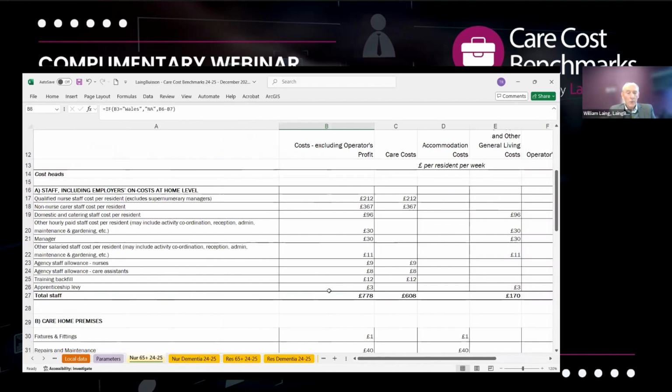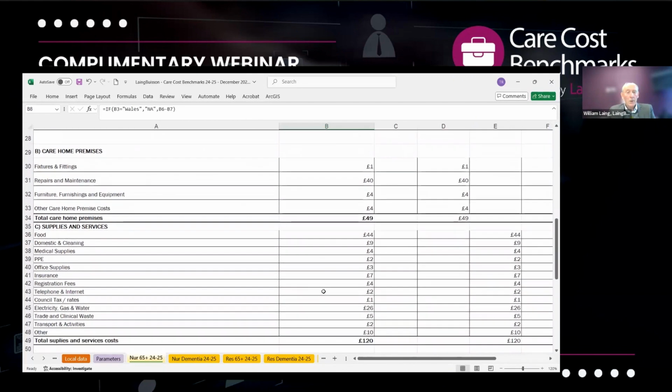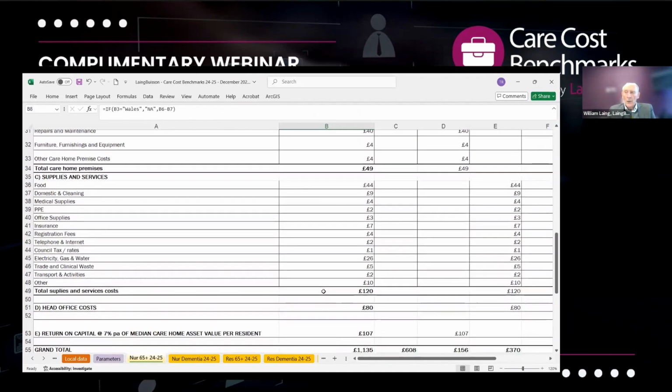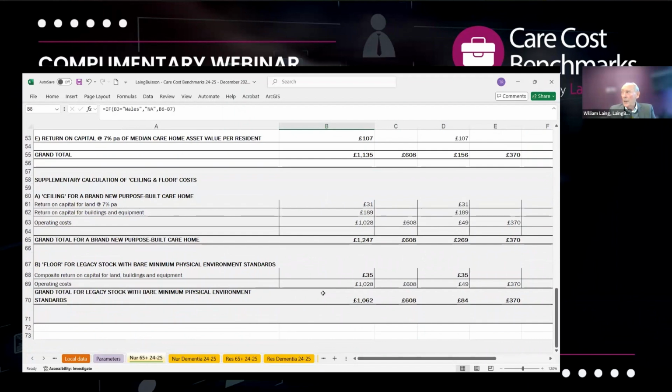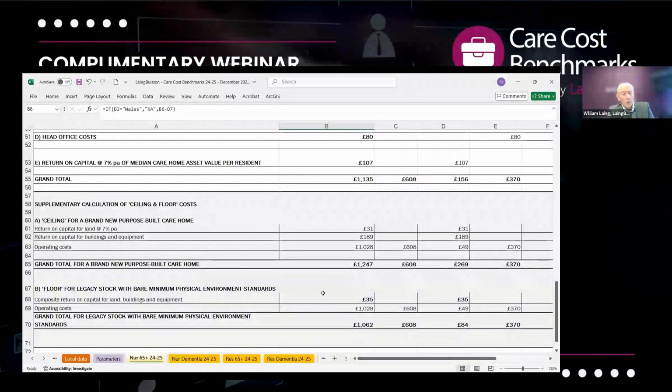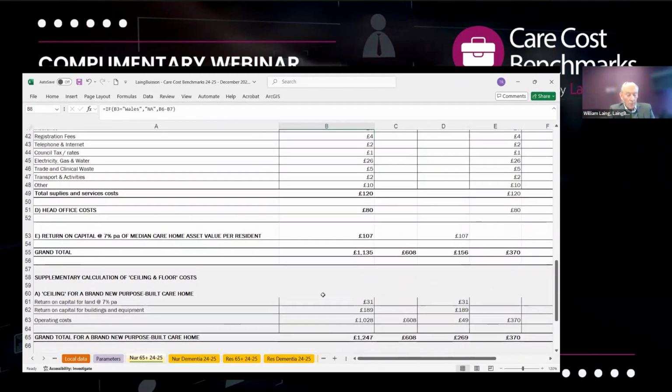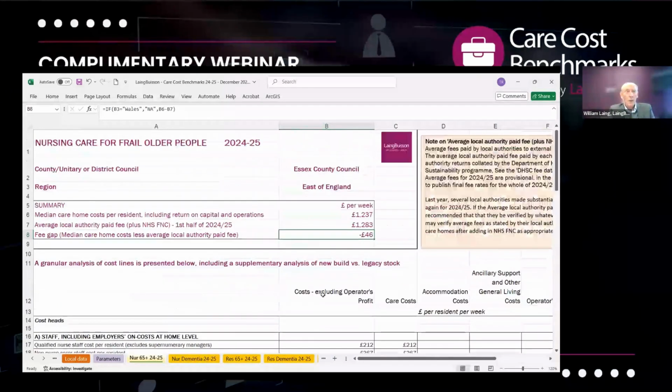And then the columns are divided up into staffing, other costs, etc., etc. So it's all, as it has been for a couple of decades now, very carefully constructed in order to take account of every single cost driver that exists within care homes for older people, and to demonstrate that in detailed outcomes in the orange tab. So I think I'll come to an end there, and look forward to whatever questions there are.